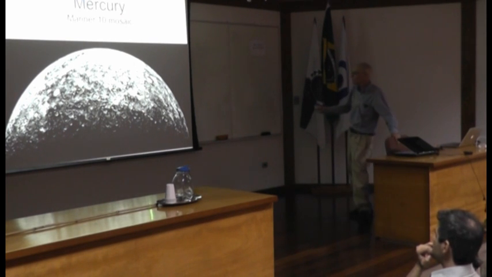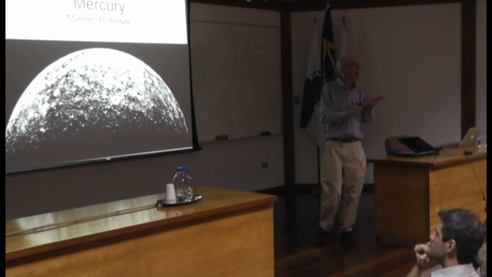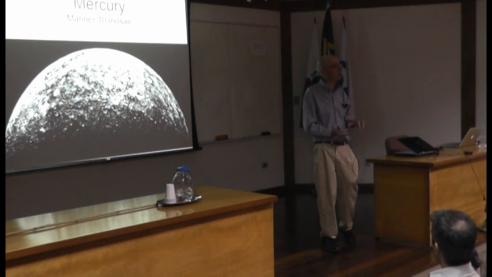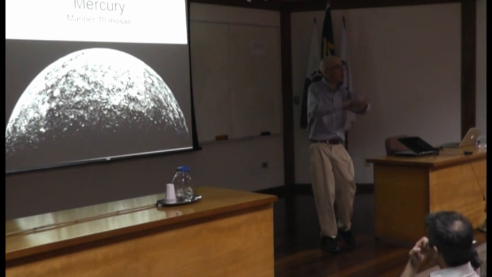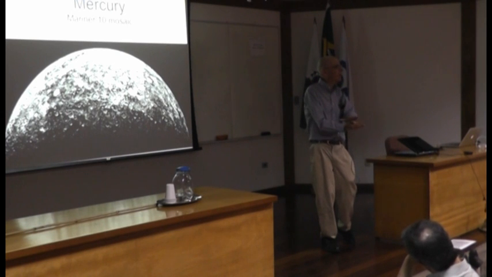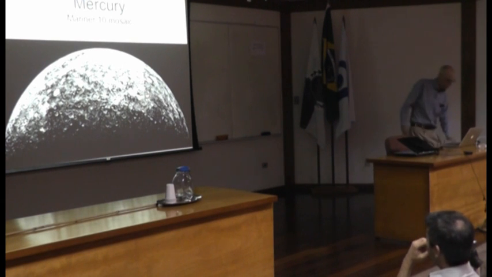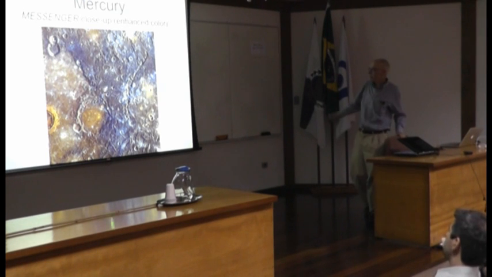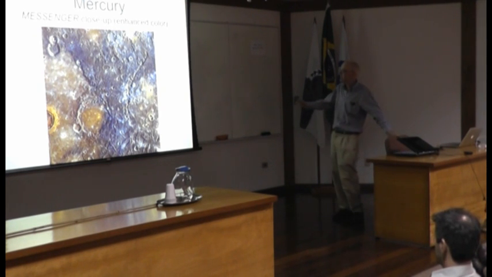Plus, if you look at the actual craters themselves, because Mercury is more massive and it's also denser because it's much more iron-rich than our moon, surface gravity is significantly stronger, and the craters are flatter for a given size. Now, we have Messenger images. Messenger's been in orbit around Mercury for several years. And this is one of these enhanced color images.